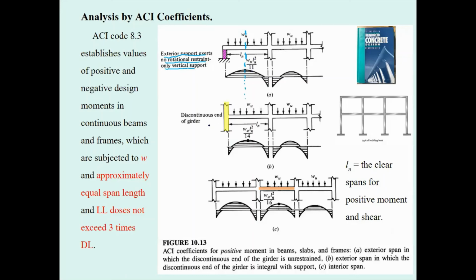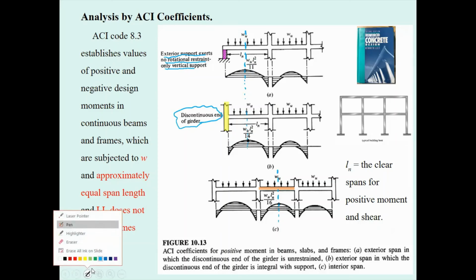However, if it is connected to the edge of the building, the maximum positive moment is WL square over 14. Okay. If your beam is in the interior of the building, it's going to be WL square over 16.